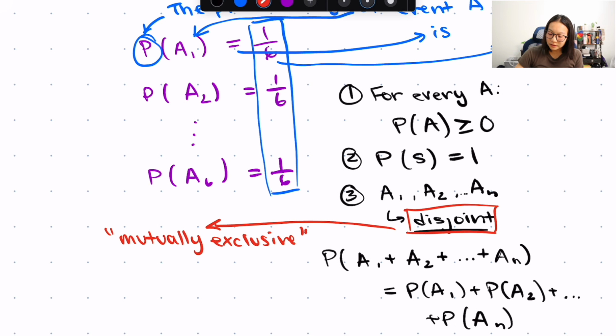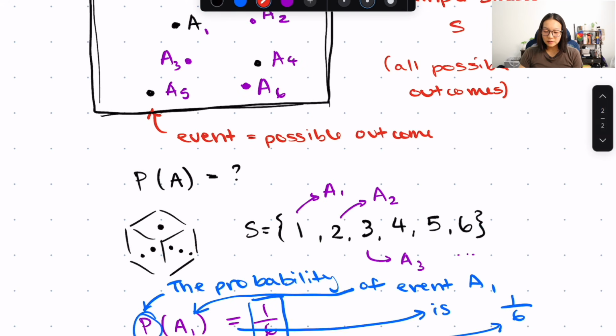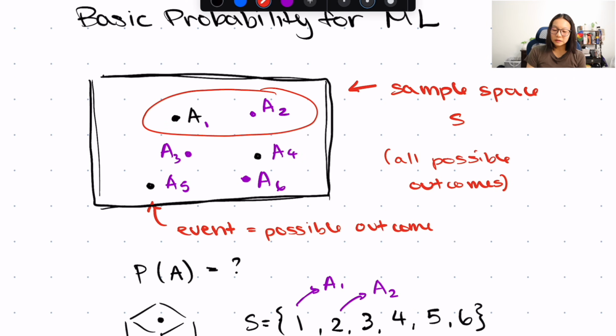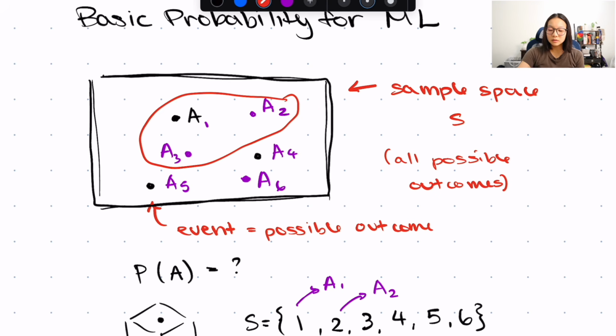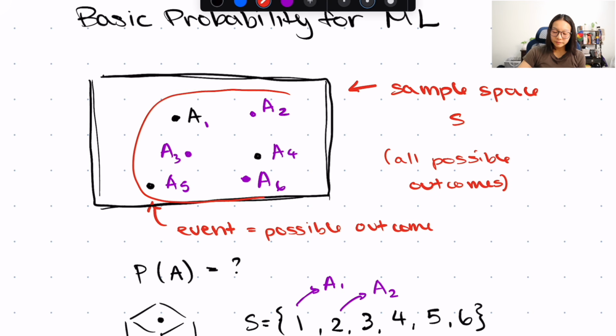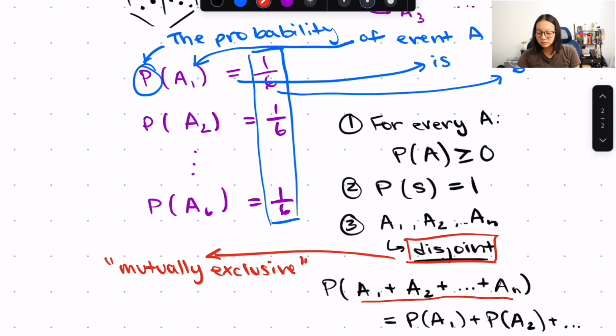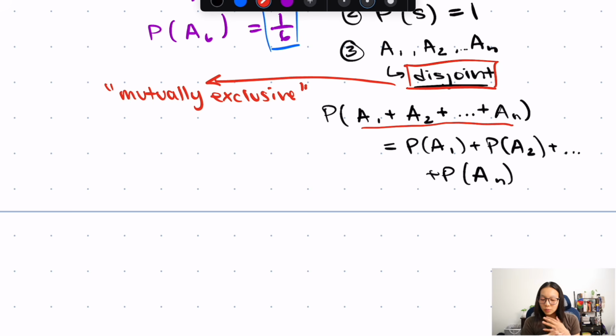And now this here means the probability that any of these events happen. So event A1 plus A2 would be the probability that these 2 happen. A1 plus A2 plus A3 would be the probability of these 3. All of them would be the entire sample space S, but we don't have to go all the way up to S. What this is saying is that if these events are mutually exclusive, then the probability of A1 plus A2 plus whatever number of events is equal to the probability of all the events themselves added up.